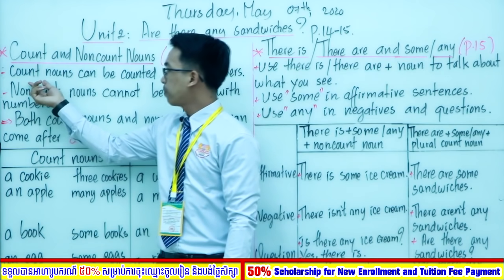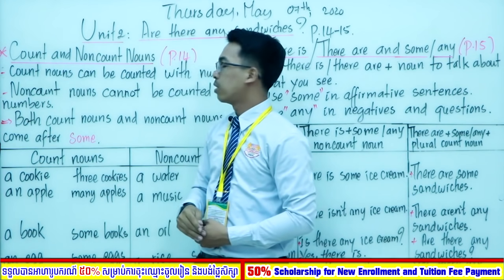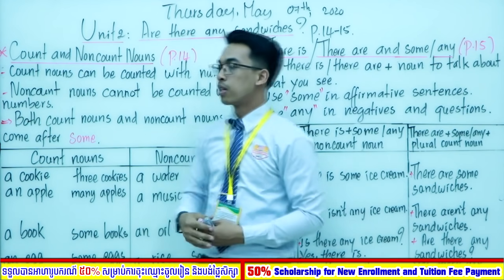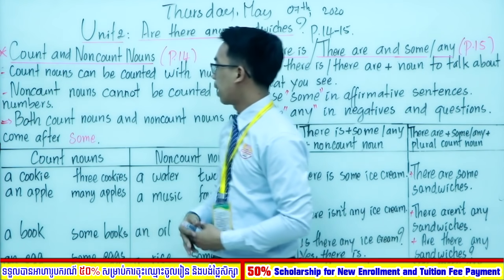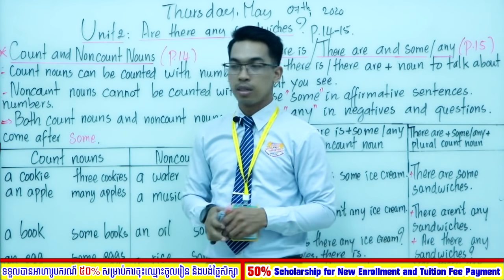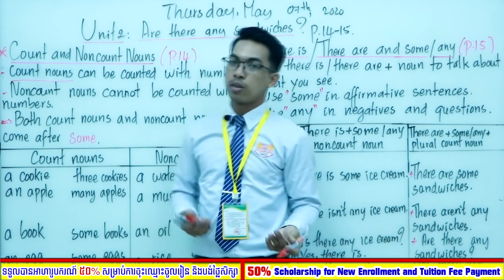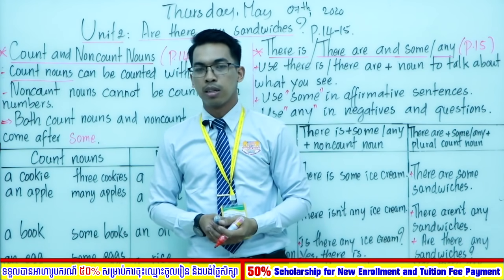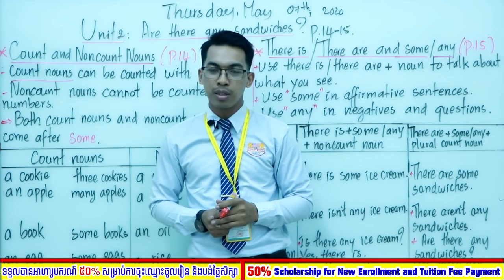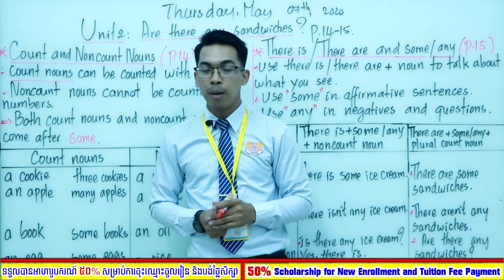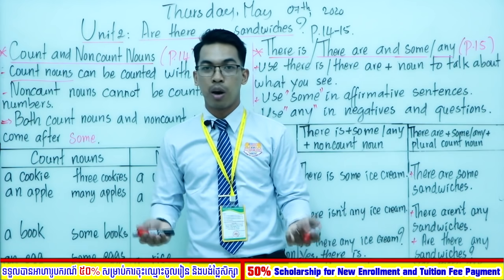The first one, count nouns. A count noun can be counted with numbers, or we can say count nouns are the nouns that we can count.